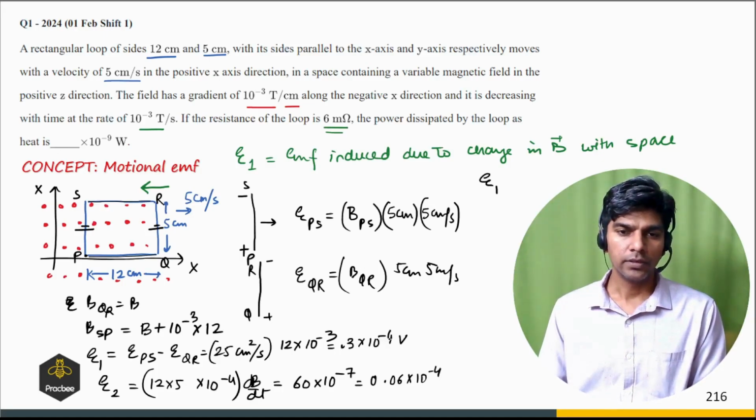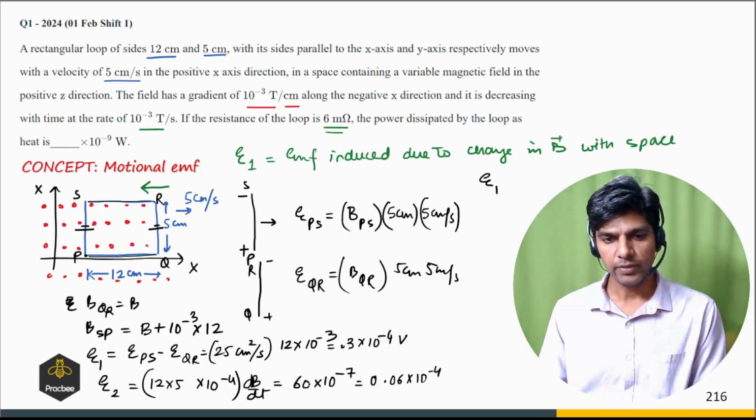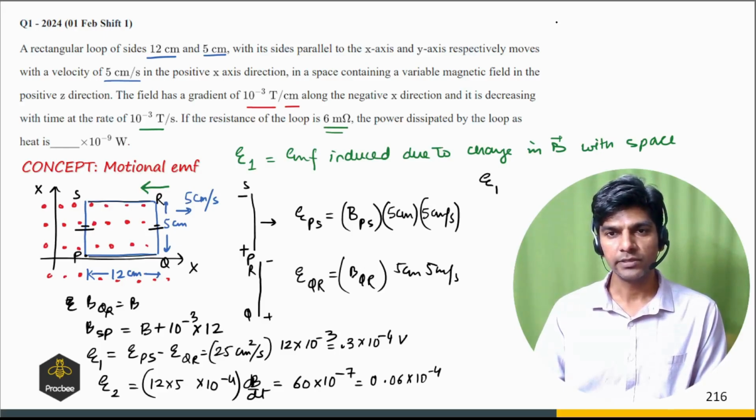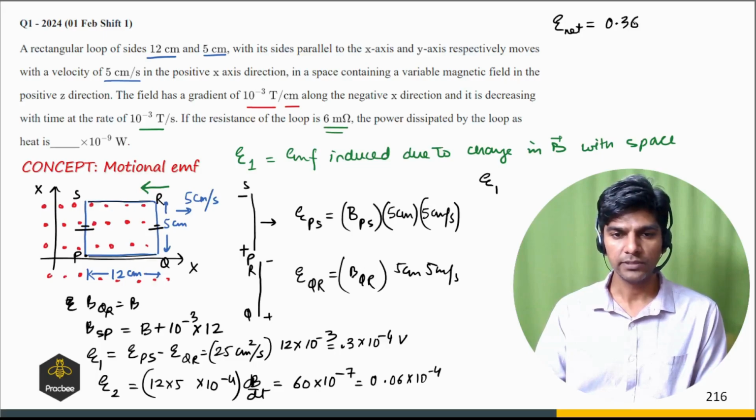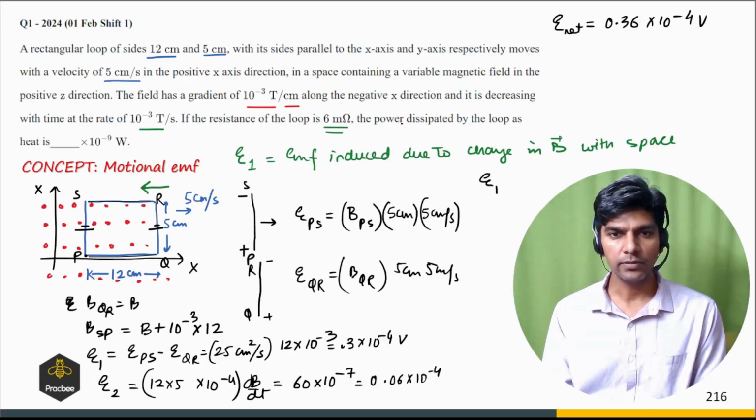Now if we add these two EMFs, we'll get the total EMF induced in this loop. So the net EMF will be 0.36 into 10 raised to minus 4 volts, and we have to find the power dissipation.